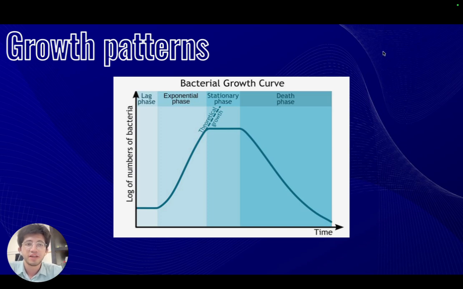The population eventually, however, hits a stop in growth and plateaus, which is called the stationary phase. This is due to lack of enough natural resources and what we call a cap in the capacity of the environment. So the carrying capacity in this case is very important at this stop and plateau that we see.